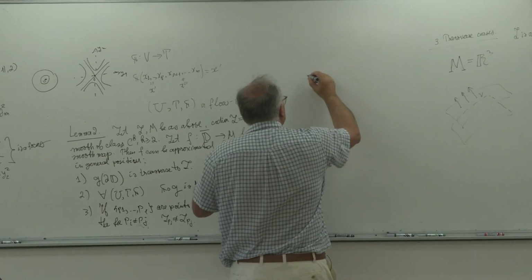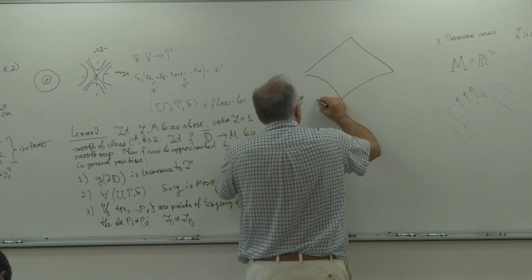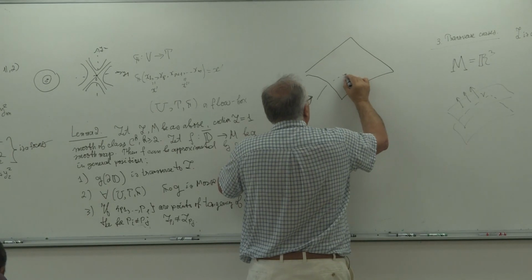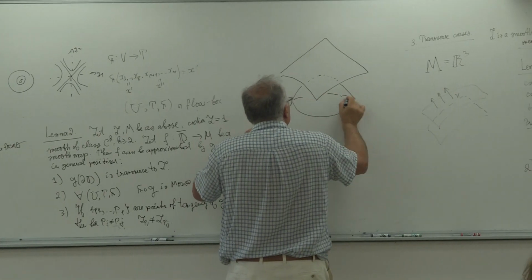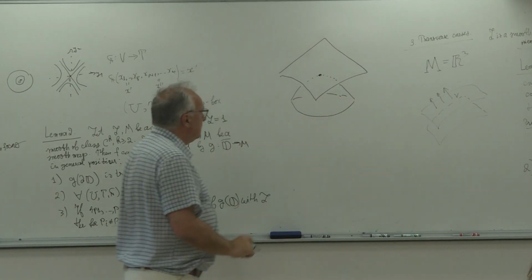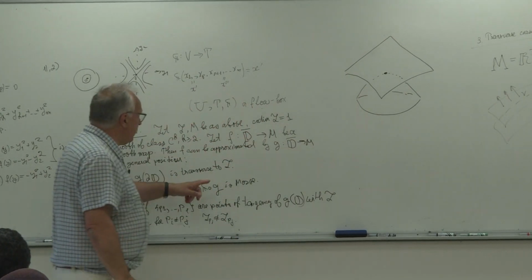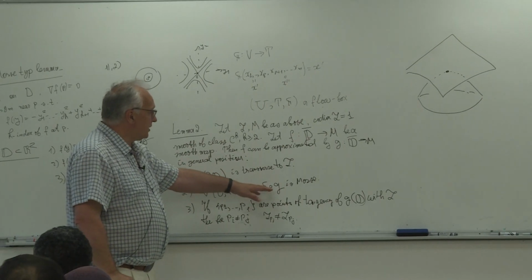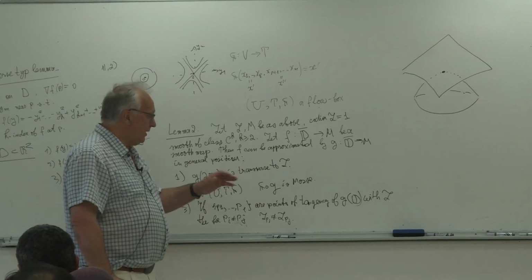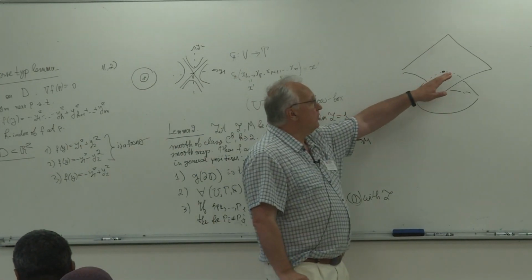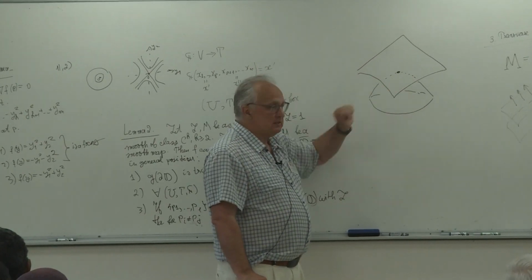So if this is a leaf, and then your disk is somehow tangent to this leaf at this point, then we say that projection is Morse. And what are the level sets of projection? Level sets of projection are curves which are intersections of leaves with this disk.